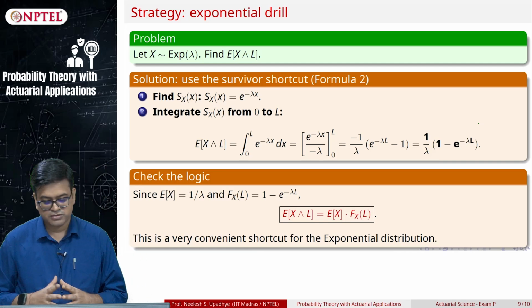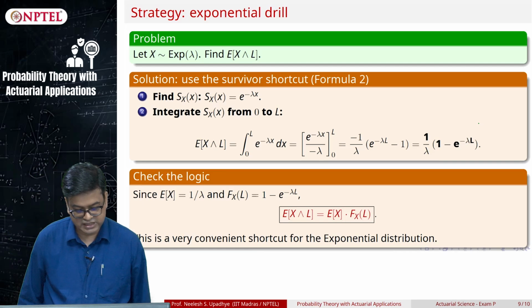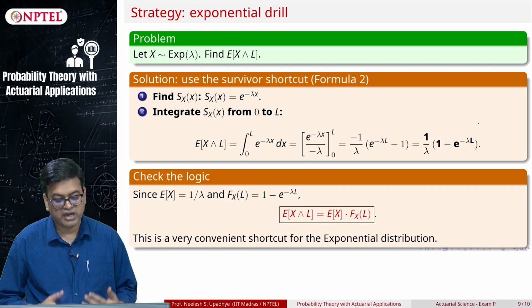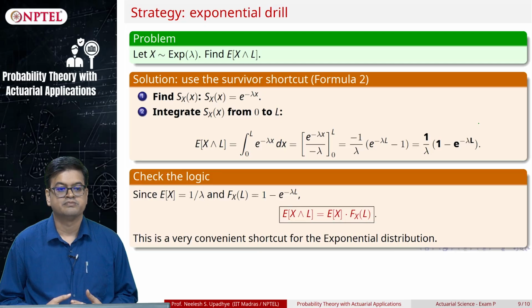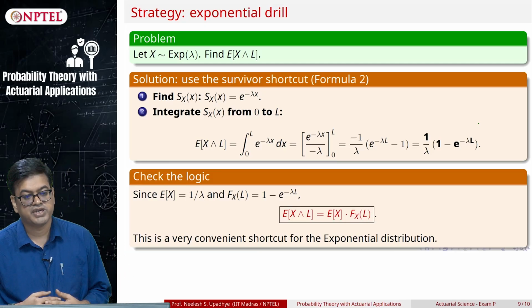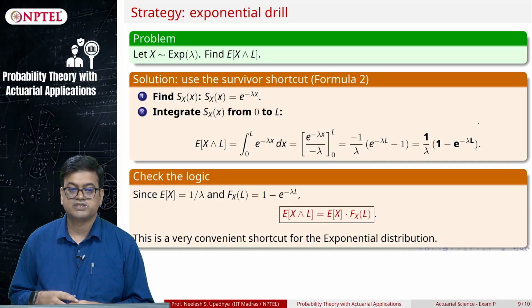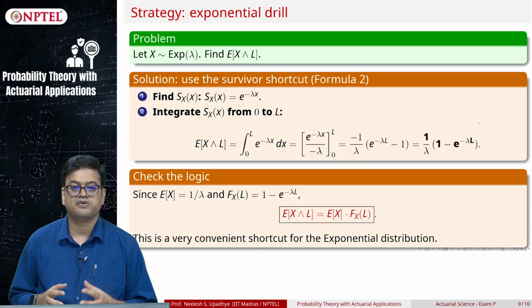Okay. This makes sense because it saves a lot of our time when we are solving problems. So, always remember, when it is easy to find the survival function, policy feature 2 gives you an easy formula for finding it.